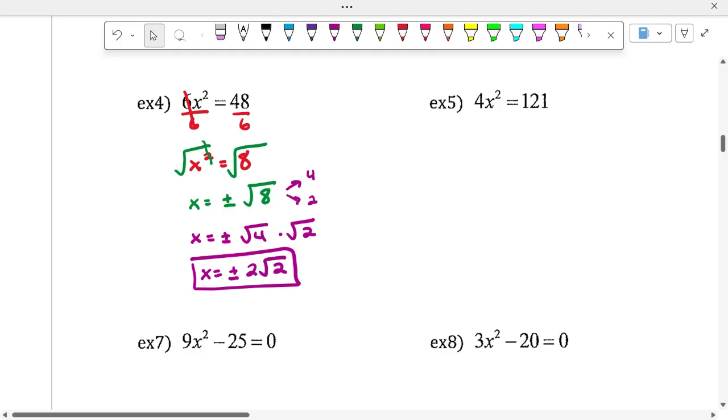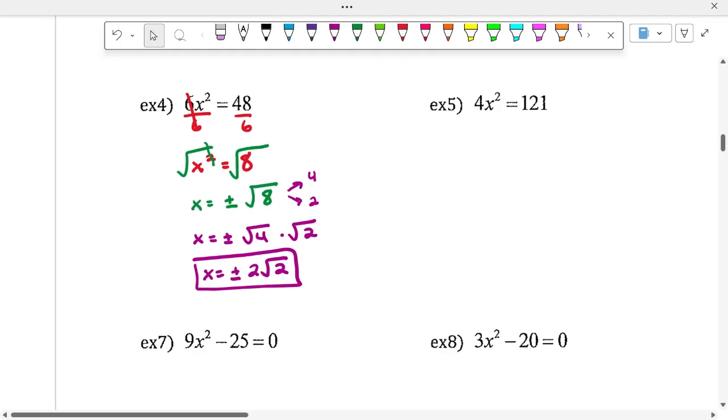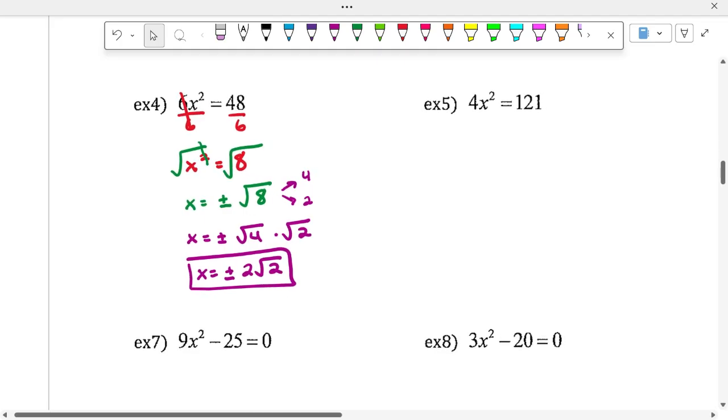Take a second, try example 5. All right, I'll leave example 4 up as a reference, but try example 5.